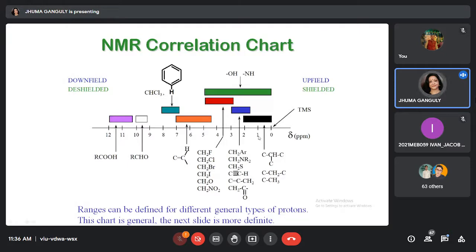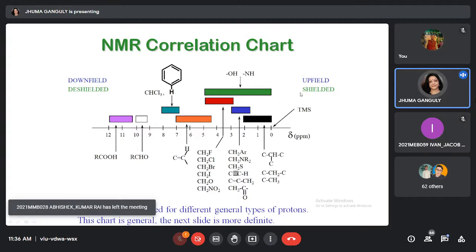So this is the TMS, and here I write upfield: the applied magnetic field starts from here, then scans and resonates, slowly losing its efficiency or energy. That is the downfield. Just below, I mention shielded and deshielded.